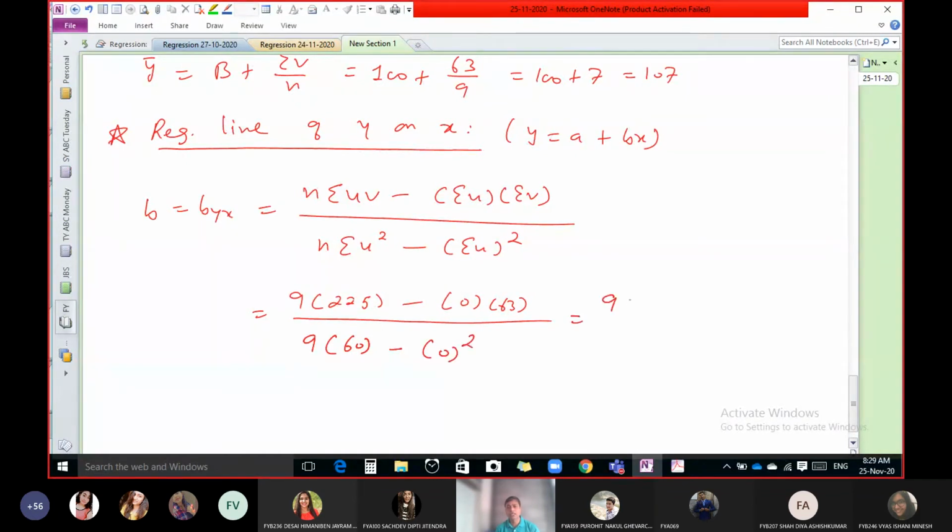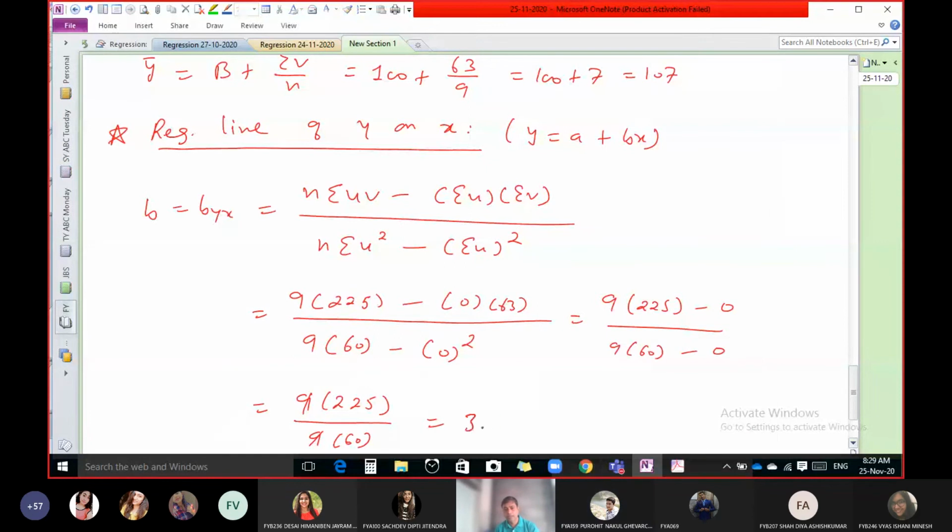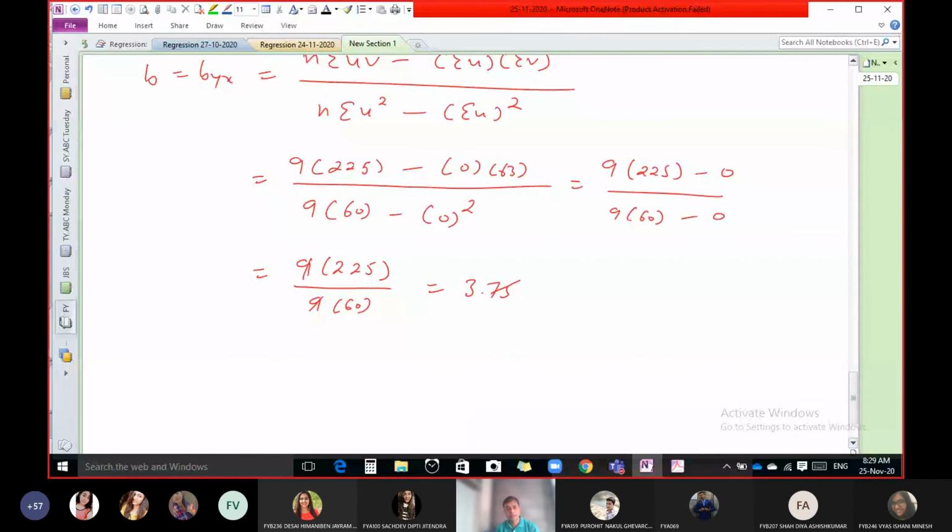So it is 9 into 225 minus 0, and 9 into 60 minus 0. Ultimately 9 into 225 divided by 9 into 60. If you cancel 9, now do the calculation. 225 divided by 60, 3.75. Correct. 3.75 is the value of byx.